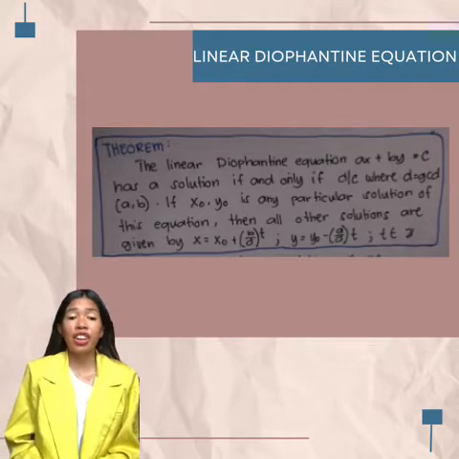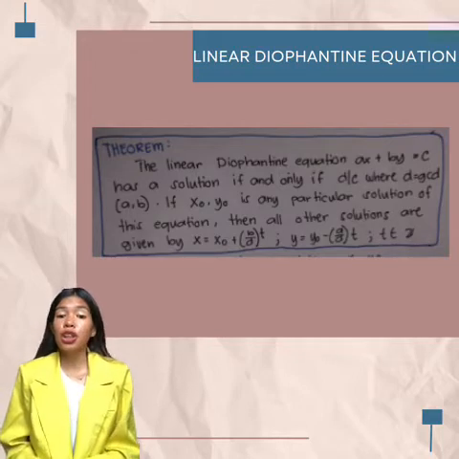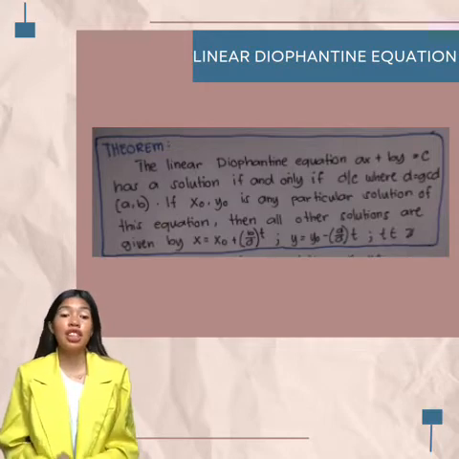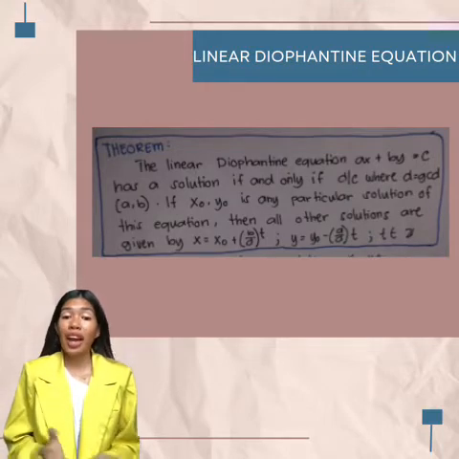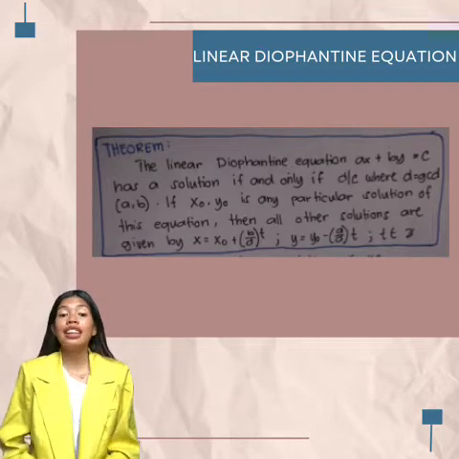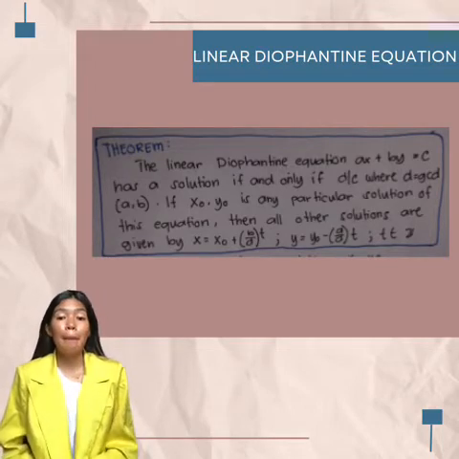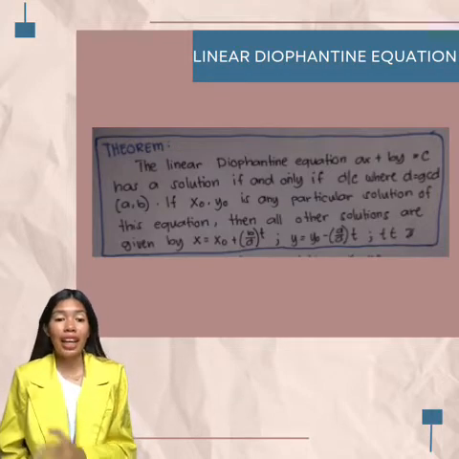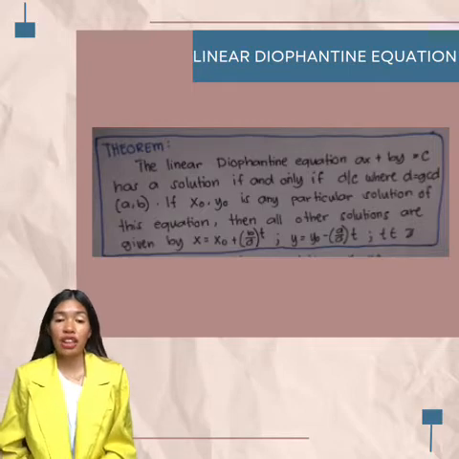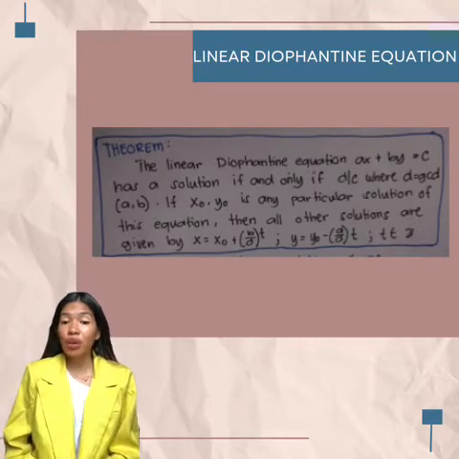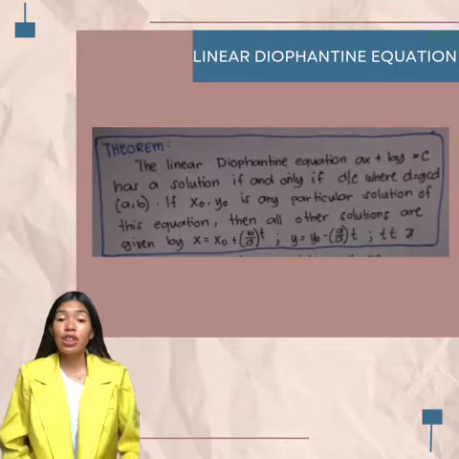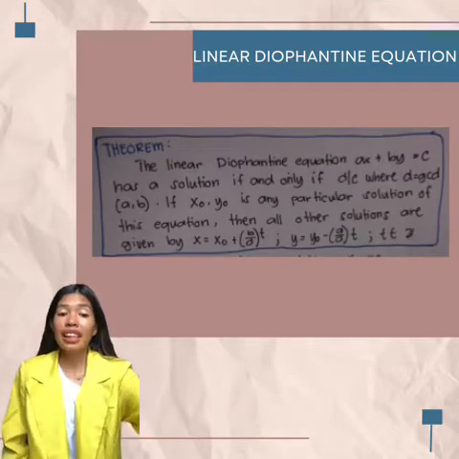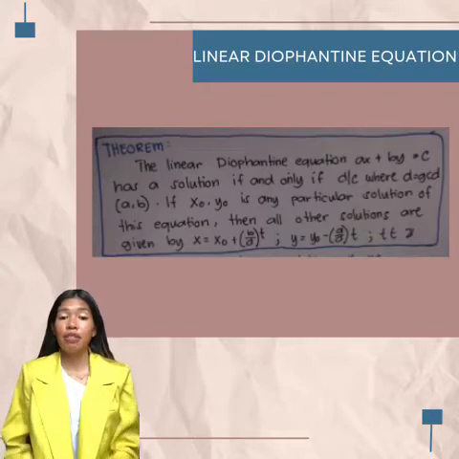The second implication we wanted to show is that if x naught and y naught is any particular solution of this equation, then all the other solutions are given by this expression: x is equal to x naught plus b divided by d times t, and y is equal to y naught minus a divided by d times t, where t is an integer. Here a and b are picked up from the coefficients of x and y, and d is the GCD of a and b, and c is the right-hand side of this equation.